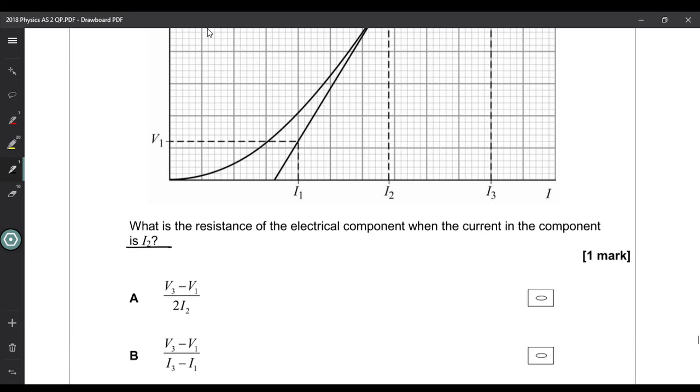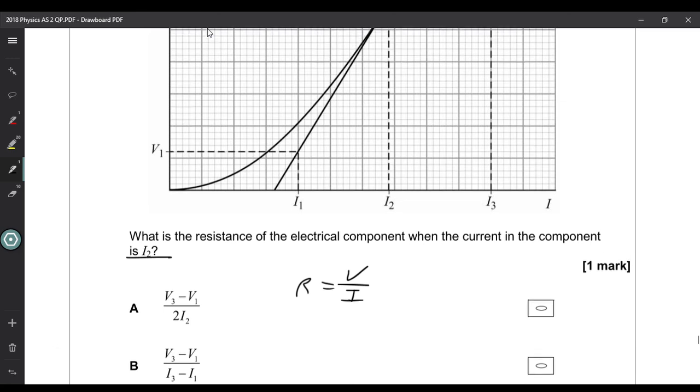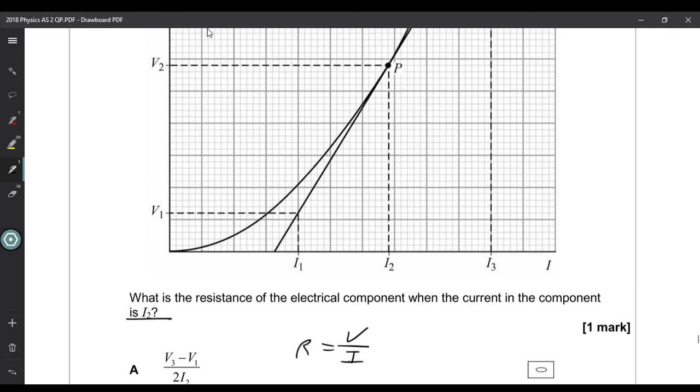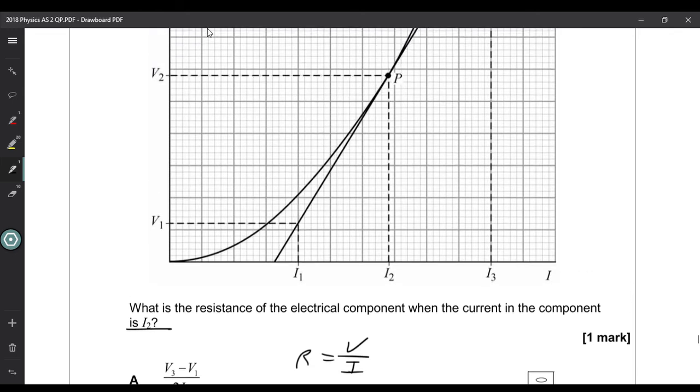So we know that R equals V over I. Now if we want to know what V is for a particular current, then we just read that off the graph. So at I2 we can see that the voltage is V2.